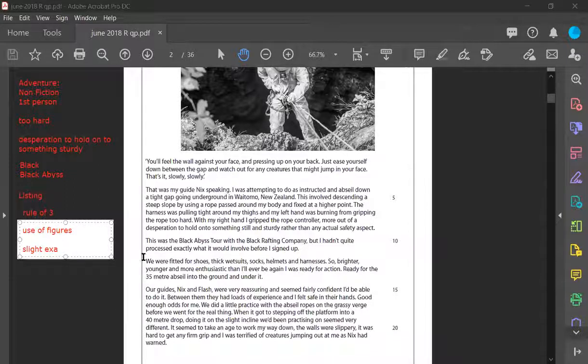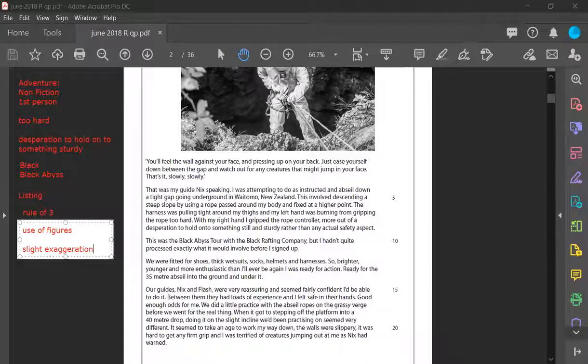The exaggeration over here is something that we need to also mention. A 40-meter drop. So the 35-meter abseil suddenly becomes a 40-meter drop, right? And why? Because there is a slight exaggeration over here. So we're actually putting up everything over here on the left from the text, which we want to explain later on.